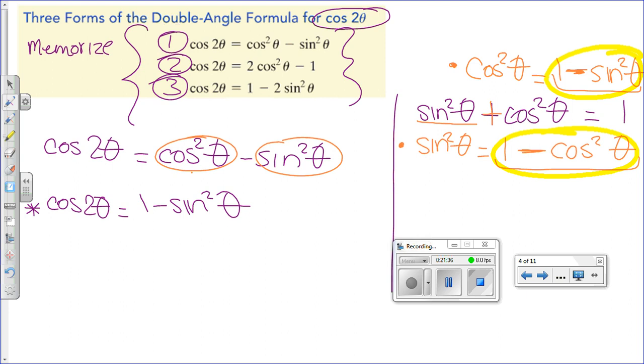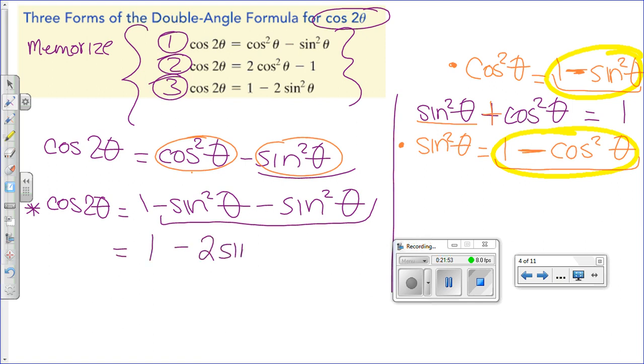Okay, and then we still have this minus sine squared theta. And so we have 2 of those, right? But they're negative. So if I combine like terms, it will be 1 minus 2 times the sine squared of theta. So that's number 3 right here.